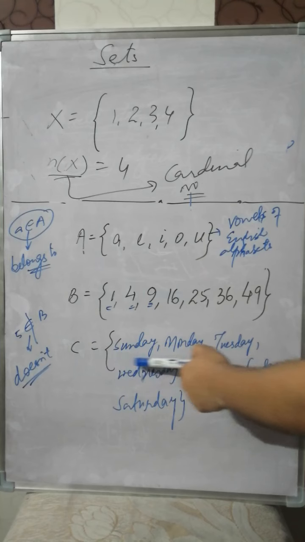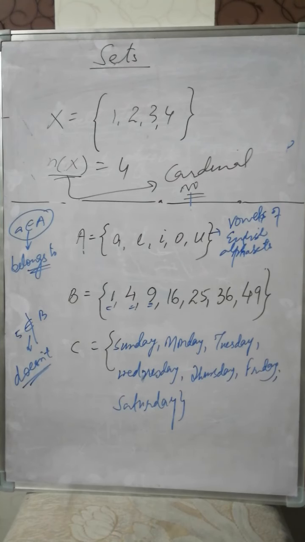Similarly, the cardinal number of set C is 7. We'll be talking about it more when we talk about equal and equivalent sets as well as finite and infinite sets. So right now, let's talk about how to write a set, or what are the various forms of writing a set.